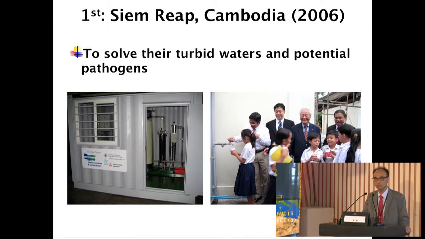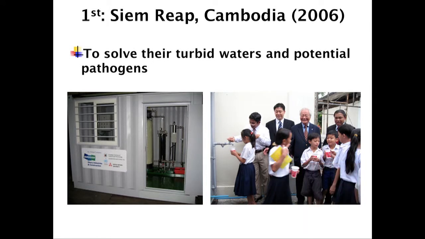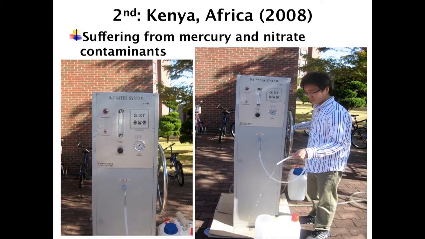Let me show a couple of example episodes with Ongdal Siem. First, in Cambodia, Angkor Wat, for their children, we made micro Ongdal Siem to remove pathogens. After that, in Kenya, the missionary called me once again, as I mentioned earlier, to remove nitrate and mercury.